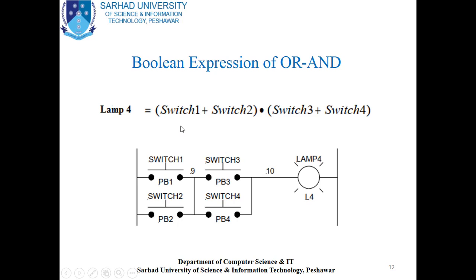If we press switch 1 and switch 4, then lamp 4 will also be turned on, because if we press switch 1, the power will flow from this direction and go down, and then if we press switch 4, it will be transferred from this side to this side and go to lamp 4, and in response lamp 4 will be turned on.